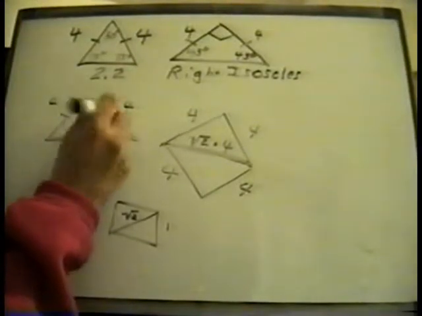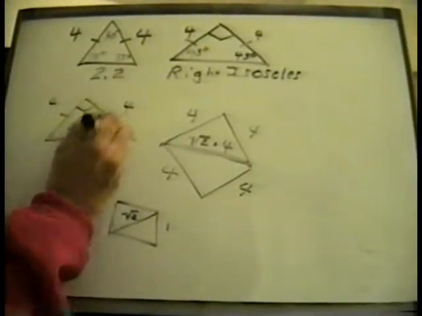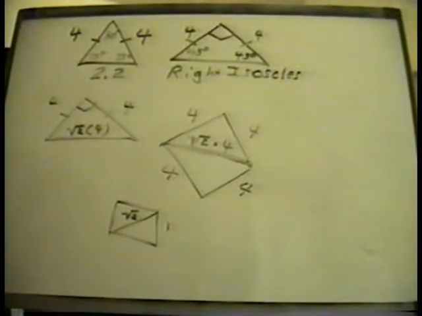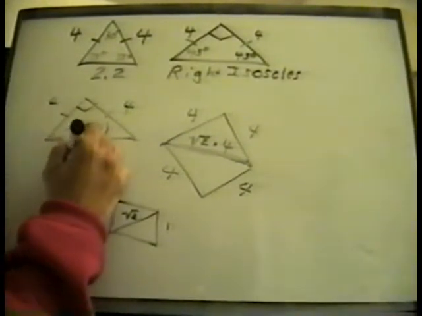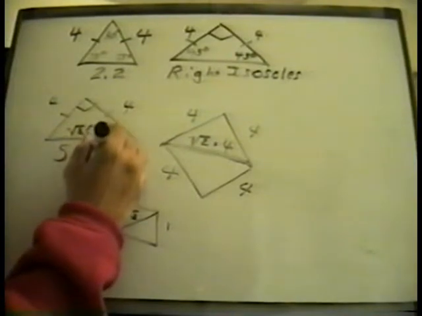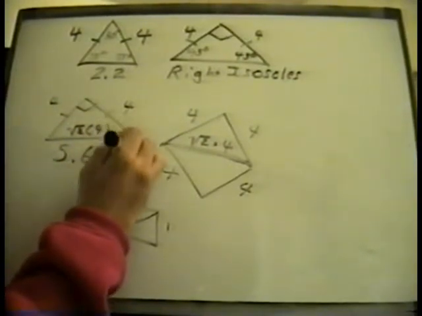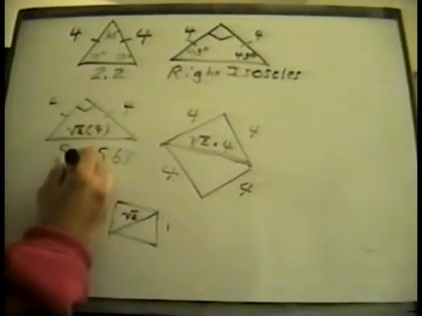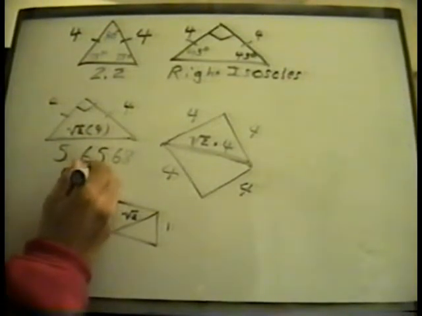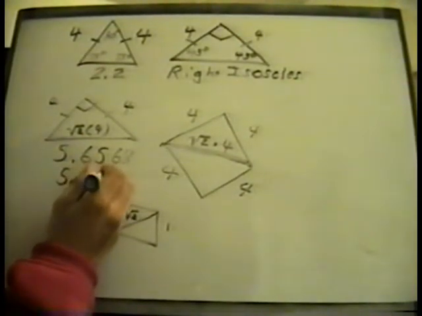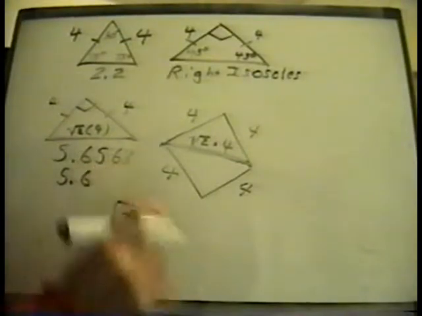Okay? So here, for any right isosceles triangle, you take the square root of 2 and multiply that by whatever the length of the side is, which is 4. And now therefore you found the length of the side, because the square root of 2 times 4 is equal to 5.6568.